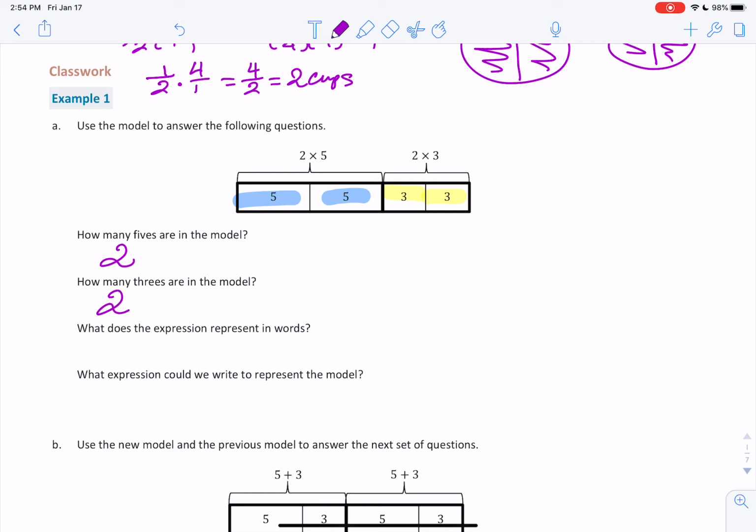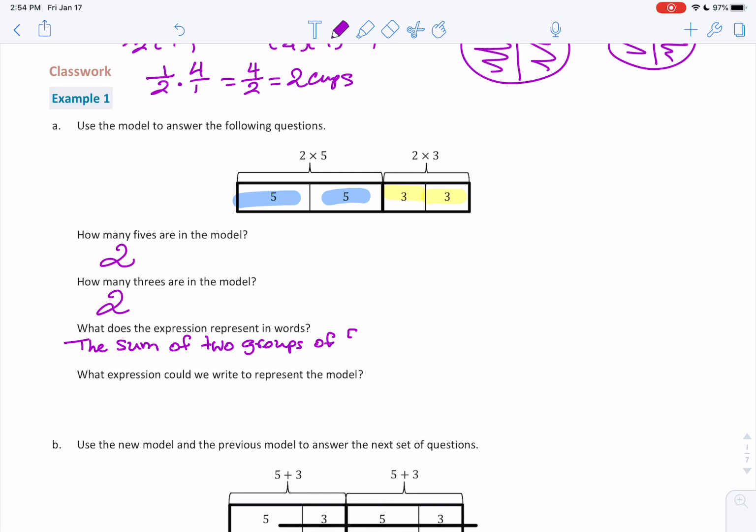What does the expression represent in words? So in words, the expression represents the sum of 2 groups of 5 and 2 groups of 3.